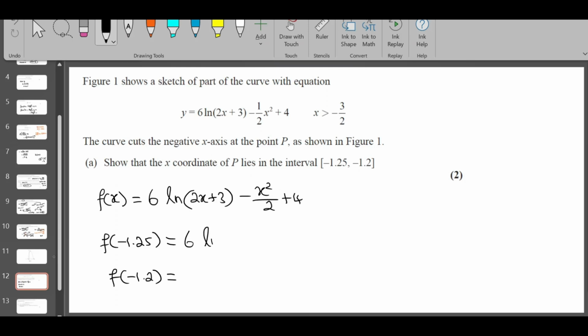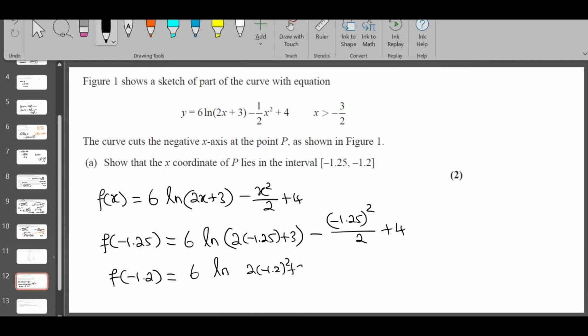So 6 ln(2 times minus 1.25 plus 3) minus (minus 1.25) square over 2 plus 4, and 6 ln(2 times minus 1.2 plus 3) minus (minus 1.2) square over 2 plus 4. Get these 2 values first.